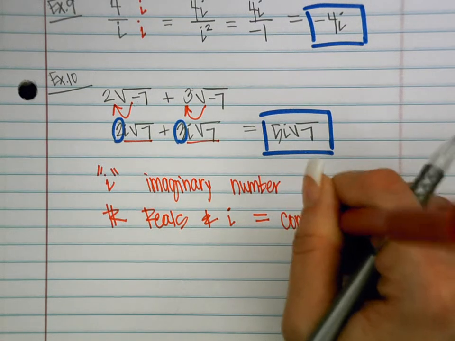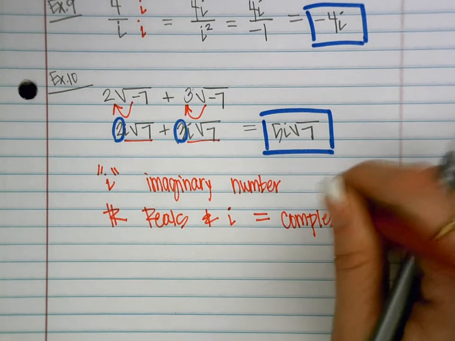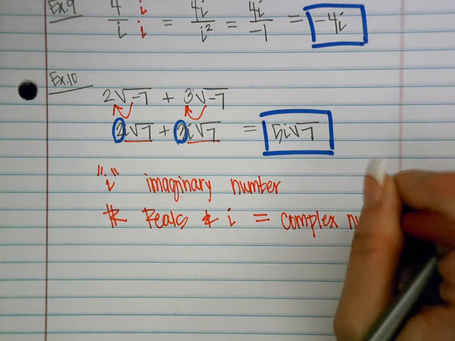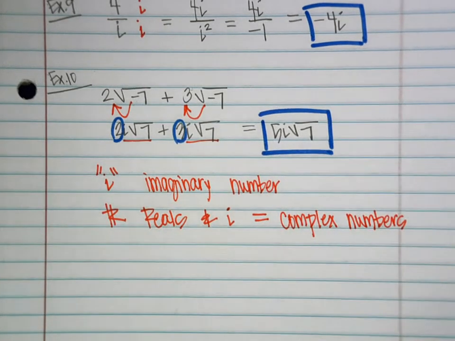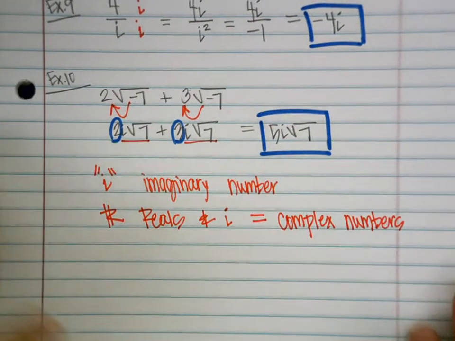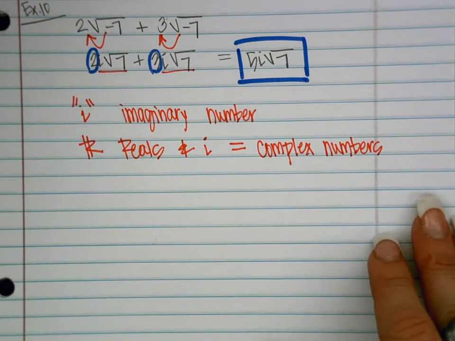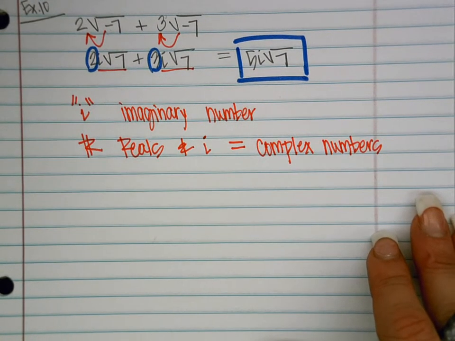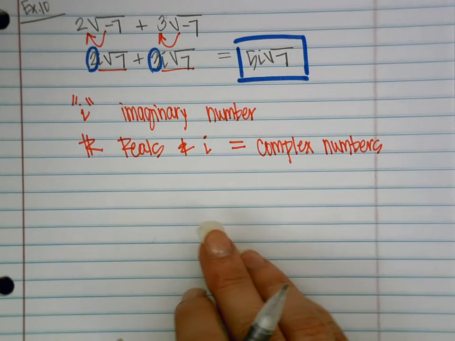And we will go more into that in the next couple of days. So i's by themselves are considered imaginary numbers. Real numbers, when they're combined with i's, are called complex numbers.